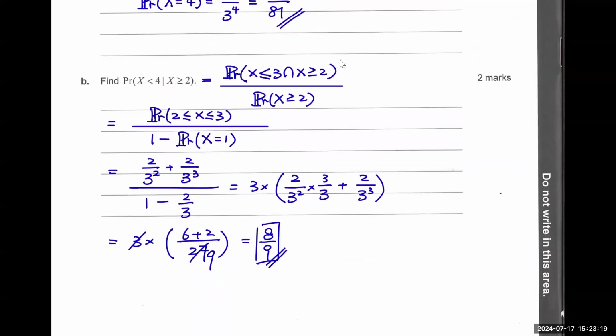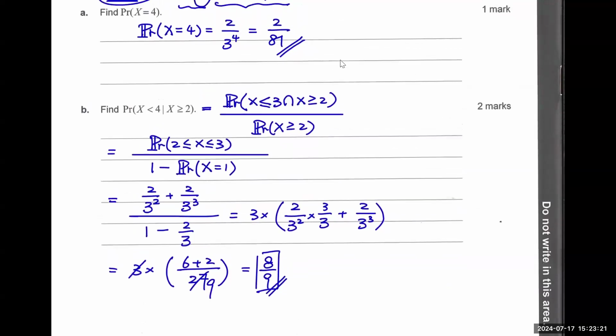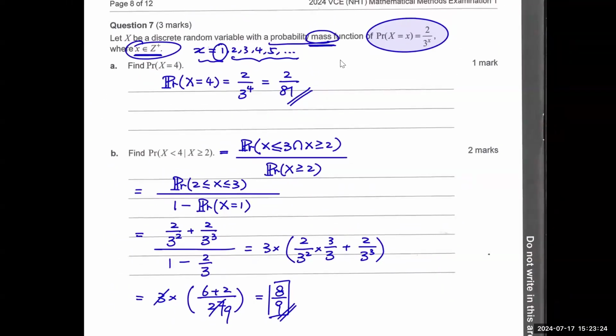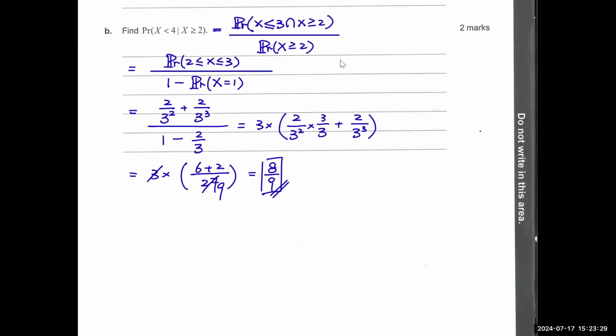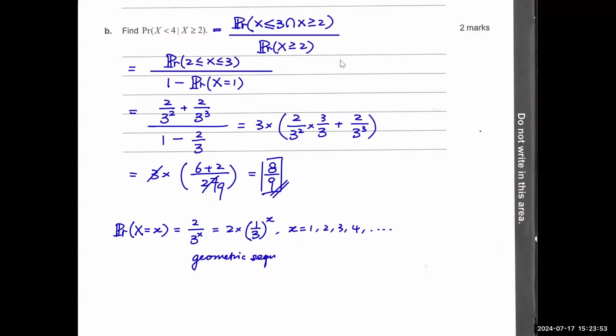And there is another extra thing I would like to mention here, even though this extra thing is not part of the Maths Methods study design. The probability of x equals x is 2 divided by 3 to the power x. But you could also write it as 2 times 1/3 to the power x, with x equals 1, 2, 3, 4, blah, blah, blah. And this is called a geometric sequence, okay?